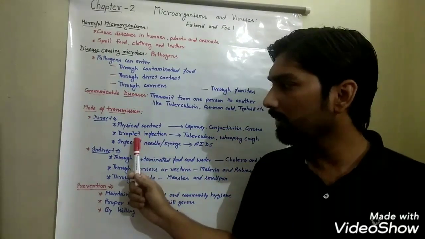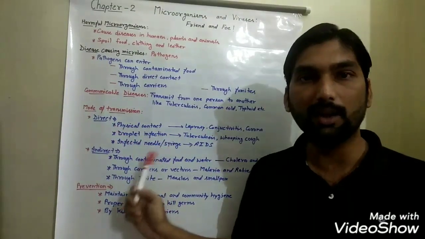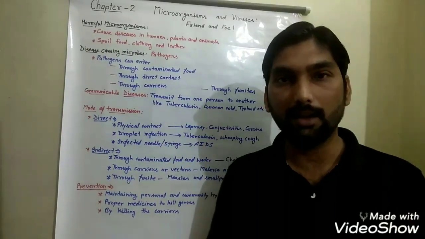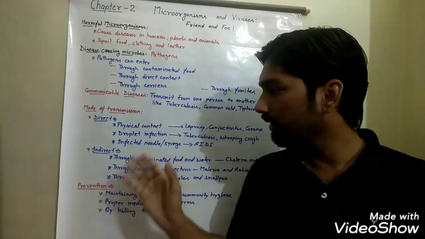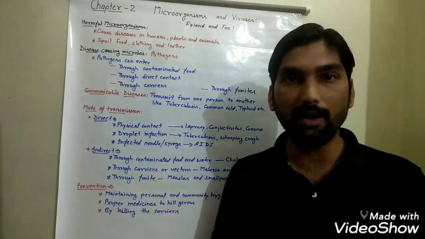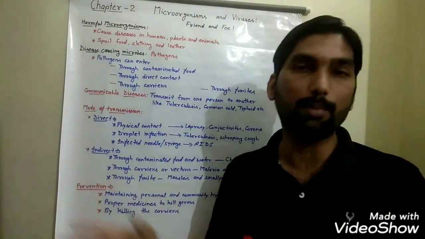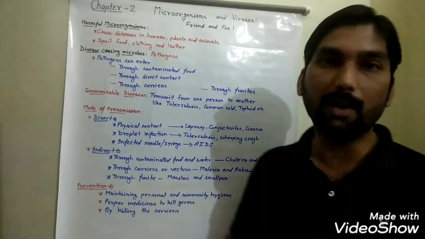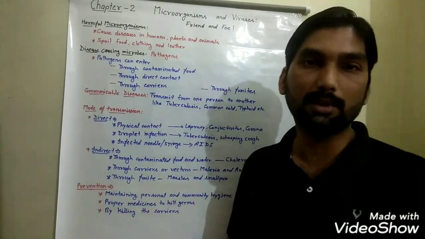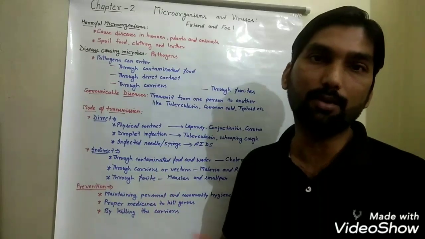The last one of this method is the infected needle or syringe. It is advised that people never use an infected needle or syringe, and doctors also avoid using a used needle to inject other persons, because many viruses can transmit from an infected person to a healthy person just because of the use of an already used syringe or needle.